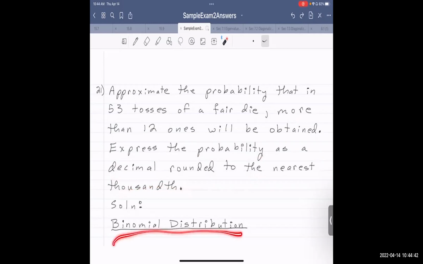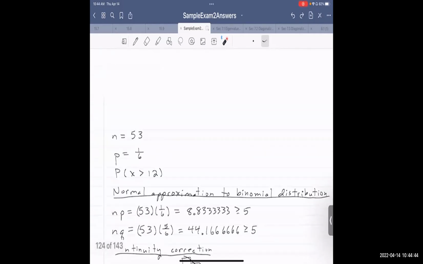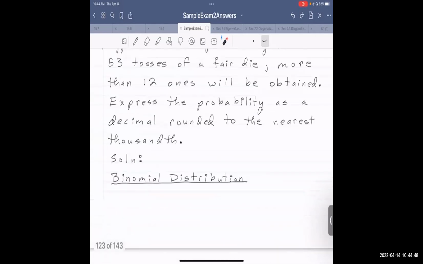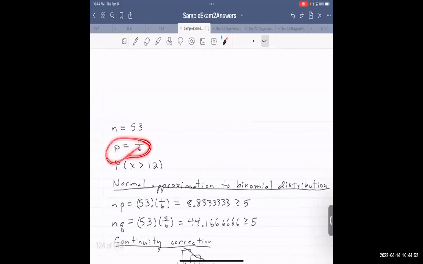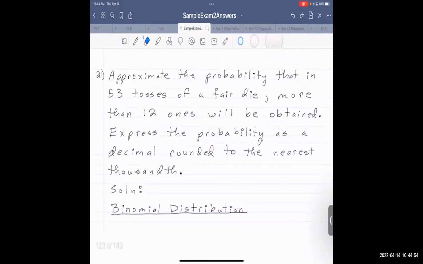Well, this is going to be a binomial distribution. n in this case is 53. Success in this case is that when you toss the die, you get a 1. The probability of getting a 1 in each trial is 1 out of 6.